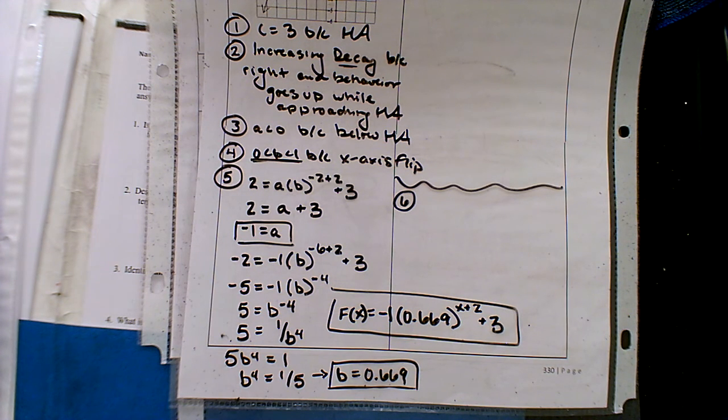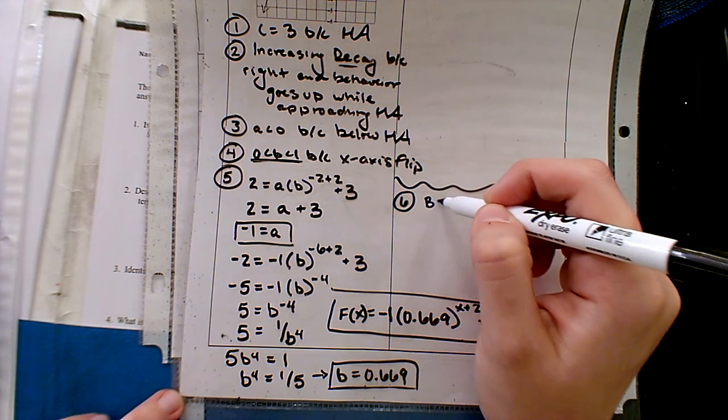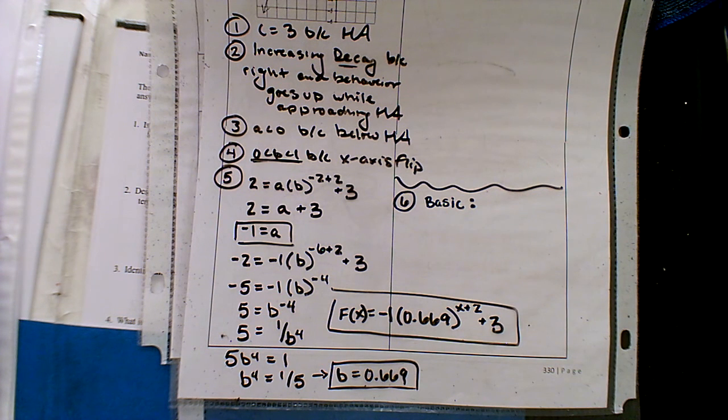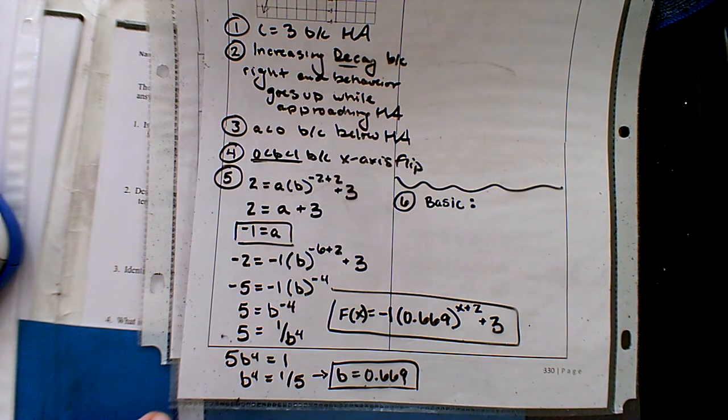Now that we have the full equation, can we perhaps list some transformations or what the basic beginning equation was? Okay, Caitlin?